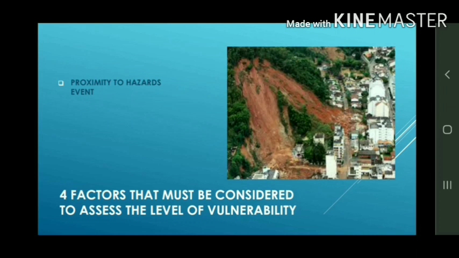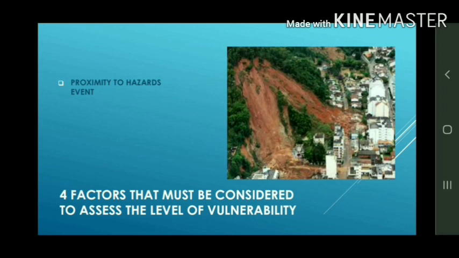Okay? So for example, proximity to hazard can be perceived as a potential risk depends on the location of an infrastructures or residential houses, as you can see in our image, that can be included as a potential risk in any hazardous events. So yung nakikita nating mga gusali or mga bahay, no, na malapit dito sa valley na to or bundok na nakakalbo na.